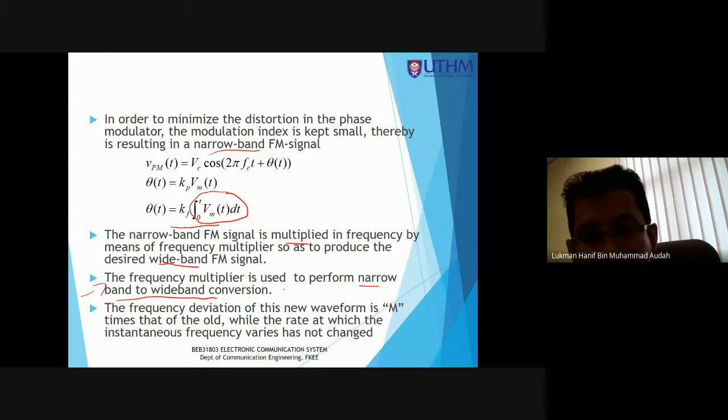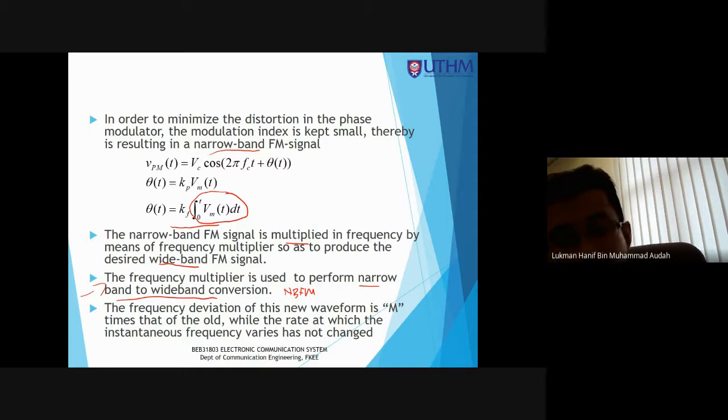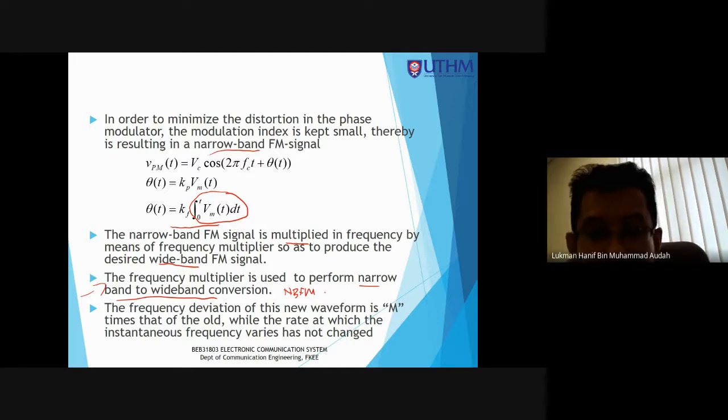Sebab tadi keluaran daripada indirect FM modulator adalah narrowband FM, NB FM. So we need to use another device, which is a frequency multiplier, to increase the frequencies, to increase the bandwidth, and we can change this into WB FM.